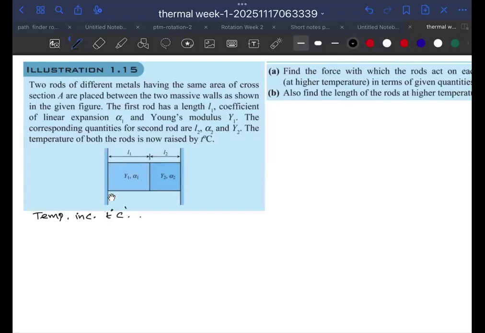In the absence of the other rod, see, I am assuming this portion which I am representing corresponds to y1 alpha 1 and the other side corresponds to y2 alpha 2.